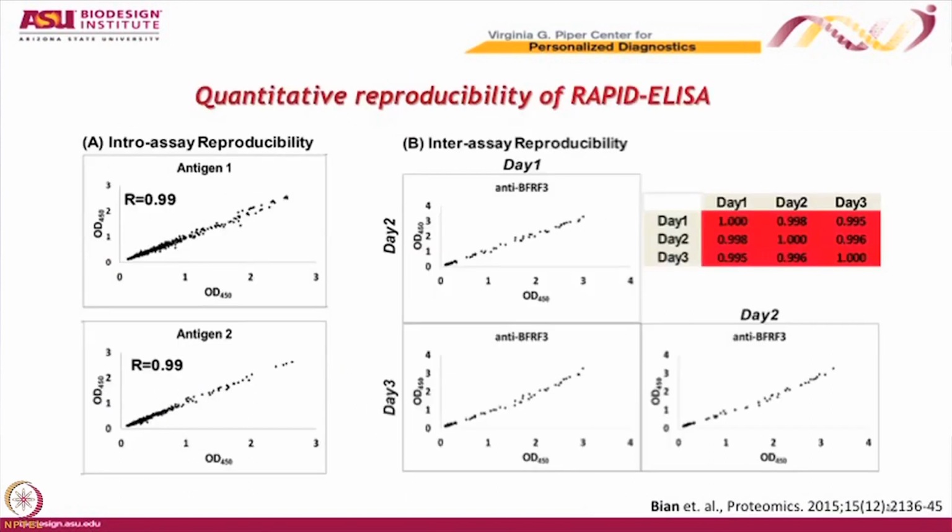Now I want to show you that the ELISA assay is also reproducible. Again, you don't want to trust any clinical studies where you can't show reproducibility. Here we're looking at a variety of different antigens. These are 2 different antigens, comparing them on 2 different days using the same assay, using all of these different samples, probably 96 different samples here.